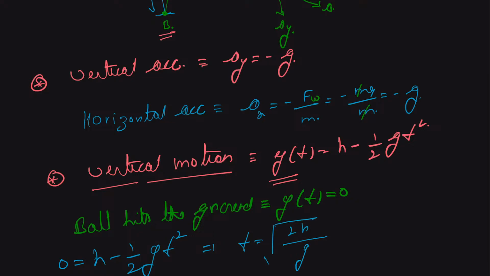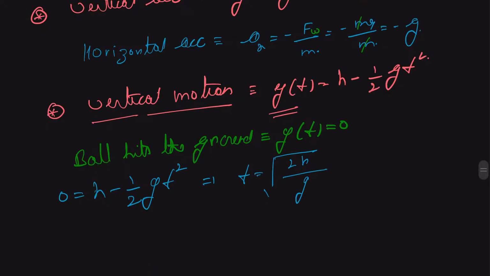So this is the value of time t it takes from point A to point B. Okay. And now we come to our horizontal motion.